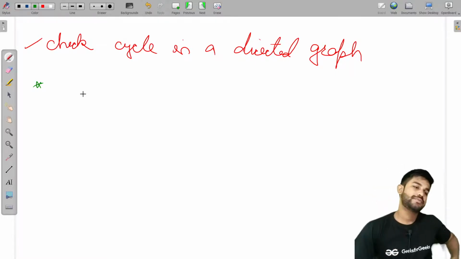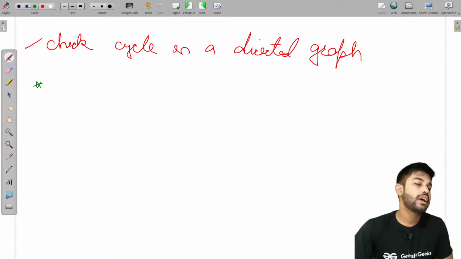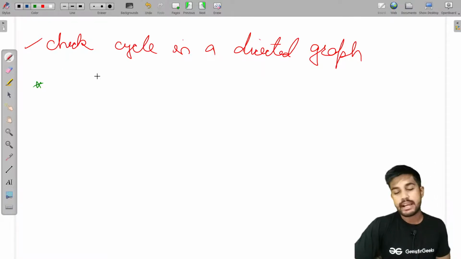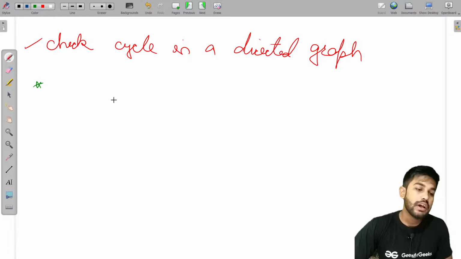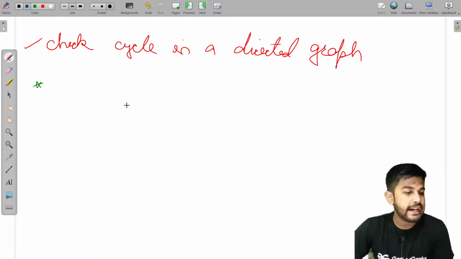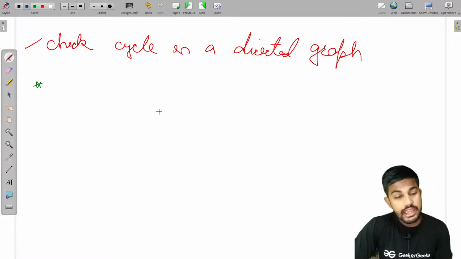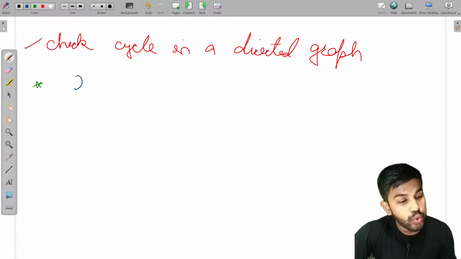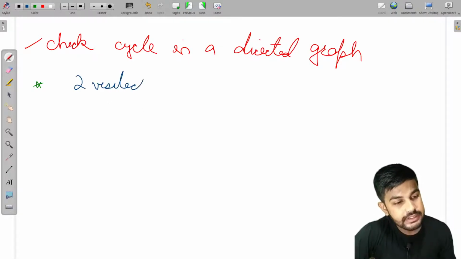Now, to check for a cycle in a directed graph, the way is that we keep two visited arrays.